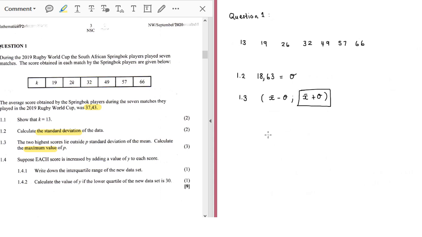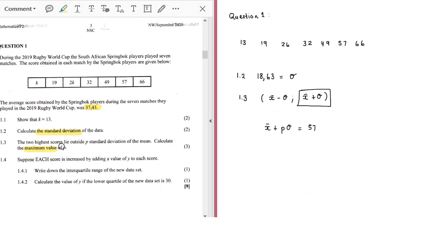So we want to say that the mean plus some P standard deviations, that we don't know, has to equal, in this case, 57. That is coming from here.